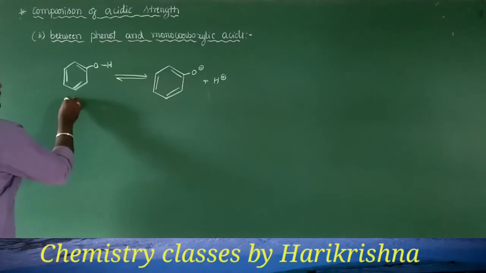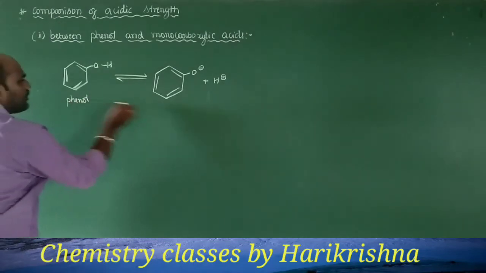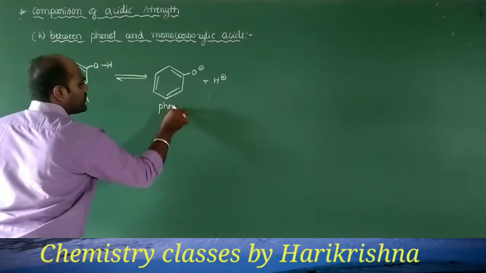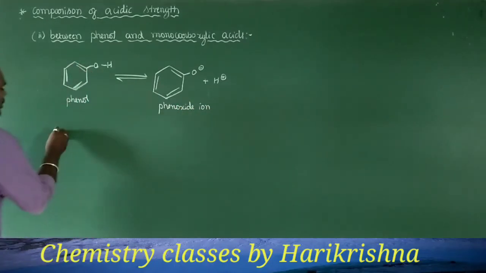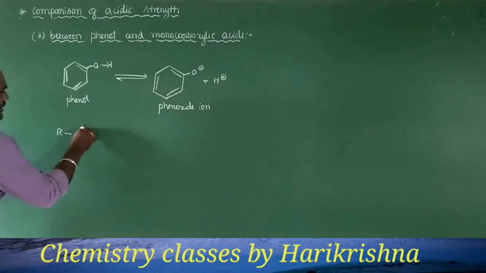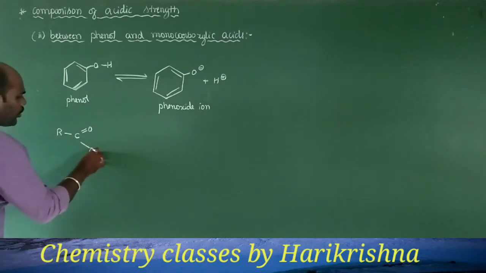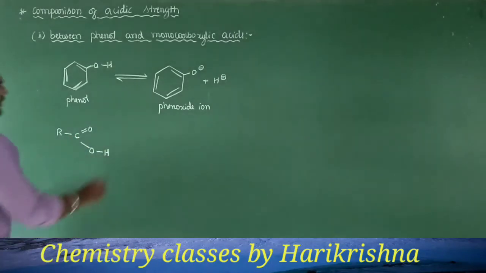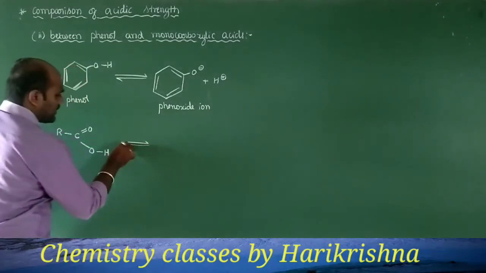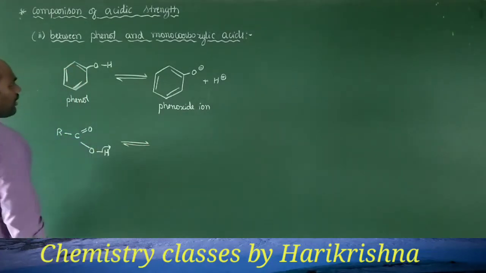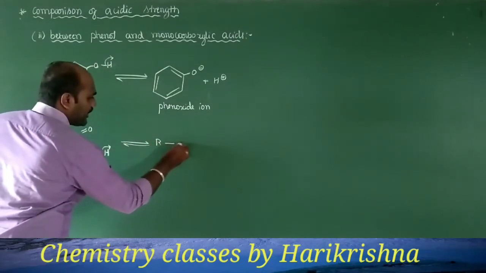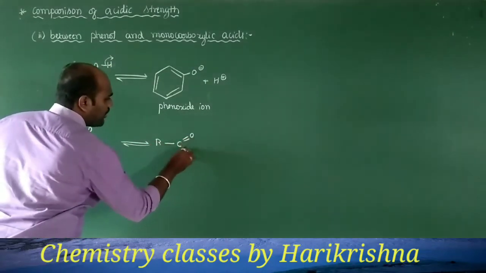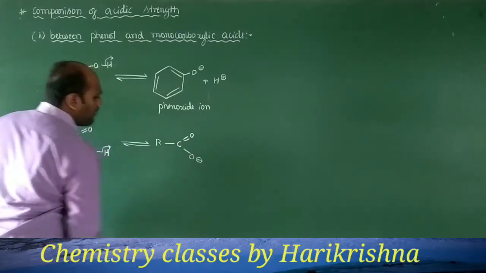But if you go with the monocarboxylic acid, R C double bond OH, with expulsion of H as H plus, we are going to get R C double bond O minus.